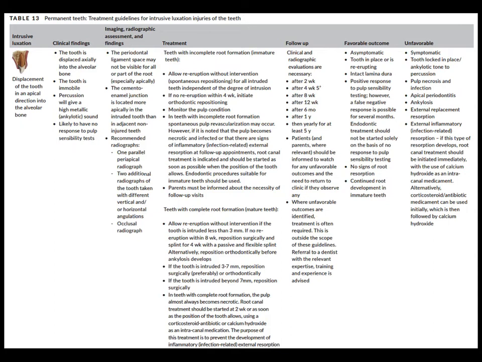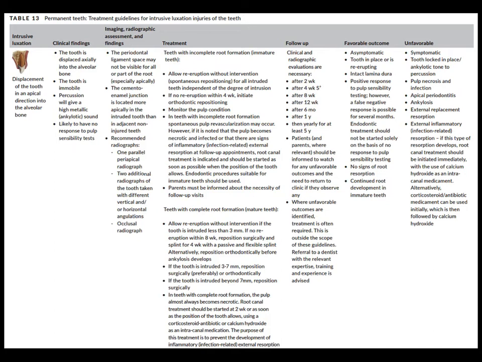If the tooth is mature, you're gonna give it a chance to re-erupt within 2 months, or you could just simply reposition it surgically and splint it for 4 weeks. It depends on your clinical judgment.